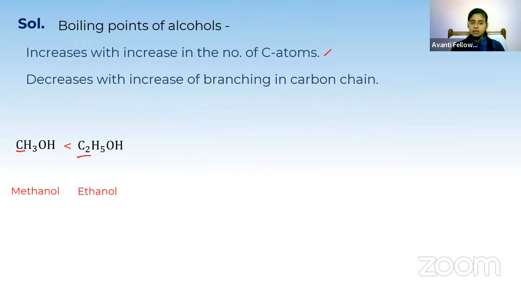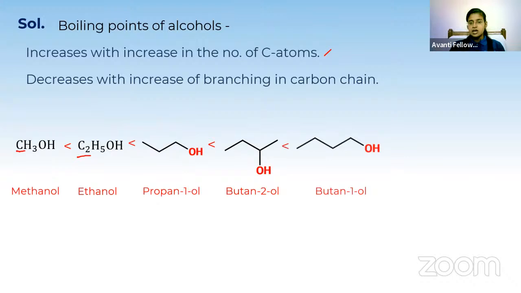And next the 3 carbon system will come, propan-1-ol. And next we have the 4 carbon containing system, but we have 2 four-carbon compounds, butan-1-ol and butan-2-ol.